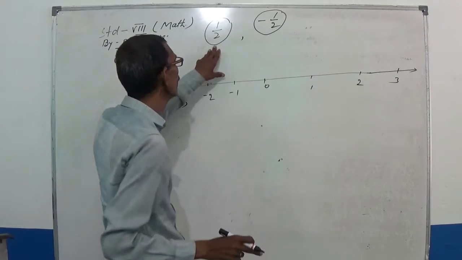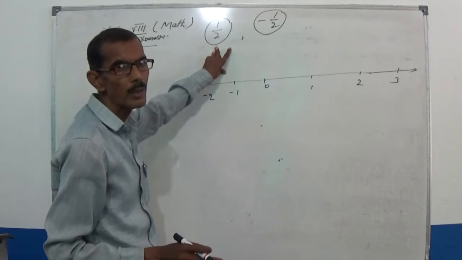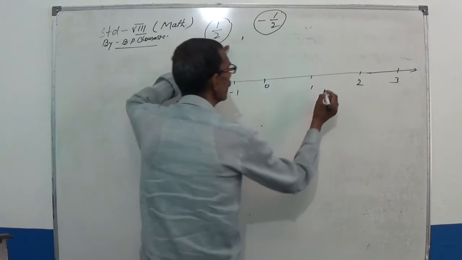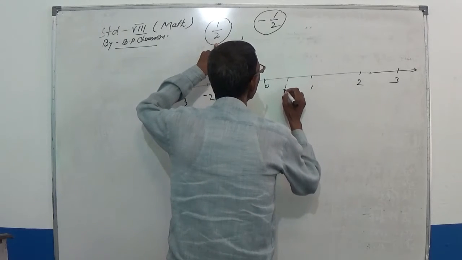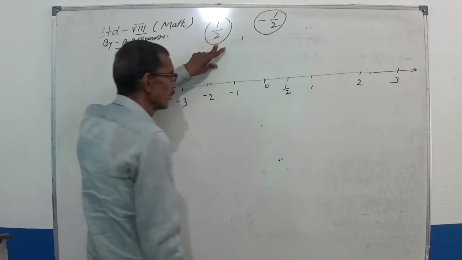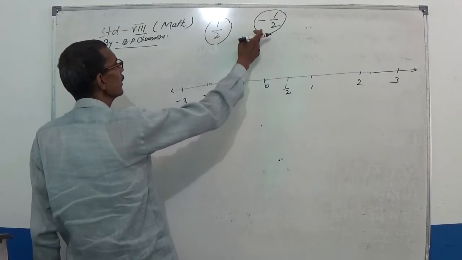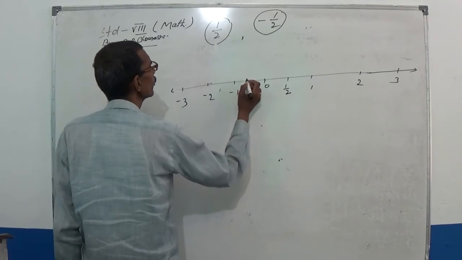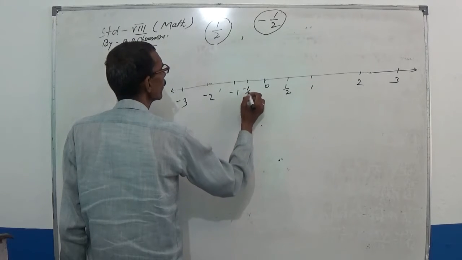Clearly, this half is greater than 0 but less than 1. So the position of half is between 0 and 1. And the position or representation of minus 1 by 2 is between 0 and minus 1.